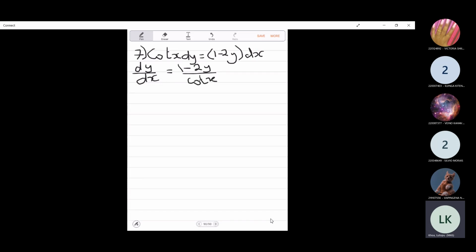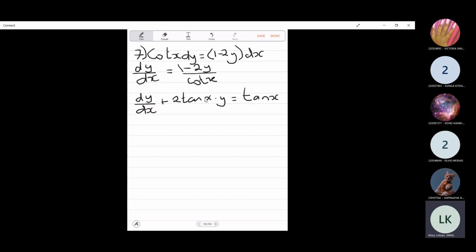And then we collect y and its coefficient on the other side. So this means that dy dx plus 2 tan x times y is equal to tan x. Okay, so that is now in standard form.